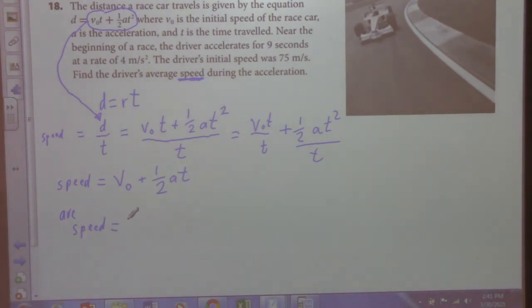V sub 0, right? Our starting velocity is 75 plus 1/2 a, and what is a? 4. A is 4.